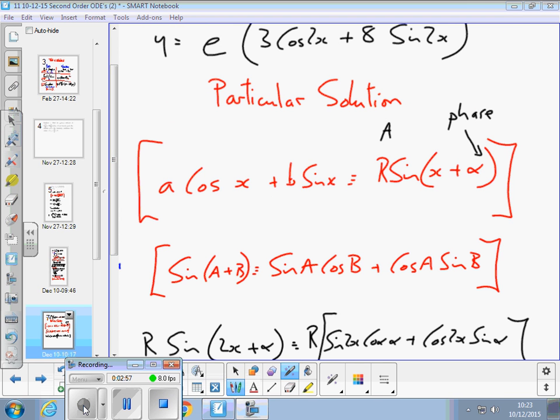If we look at our particular solution at the top and compare it with this, so there's our particular solution, and here is our expression underneath here. We've got a cos 2x term. So the sine of alpha is actually 3, and the cosine of alpha is actually 8.